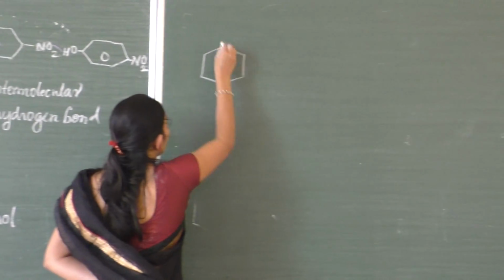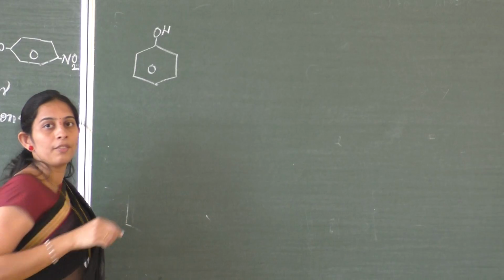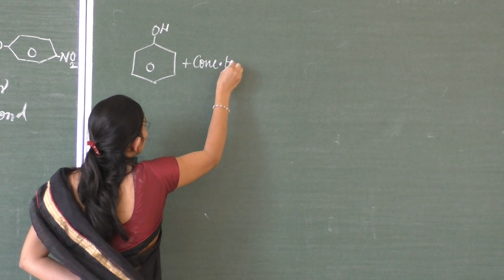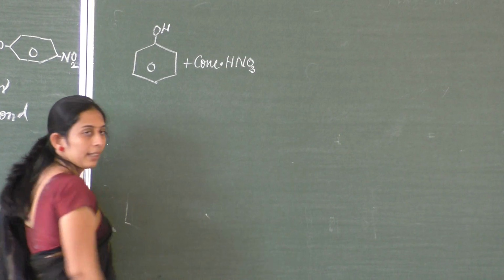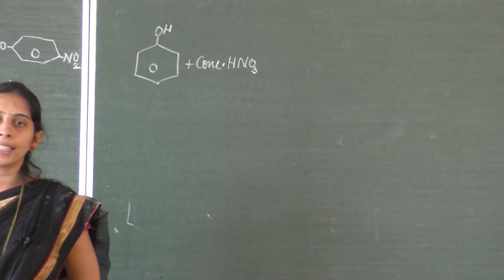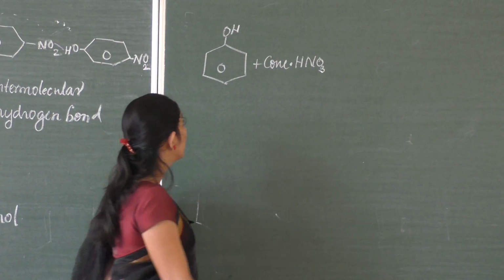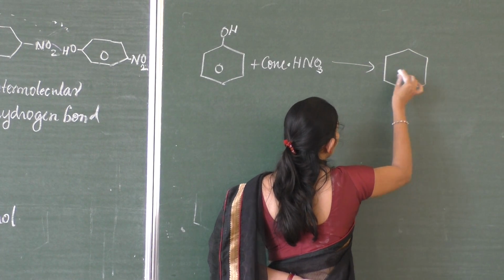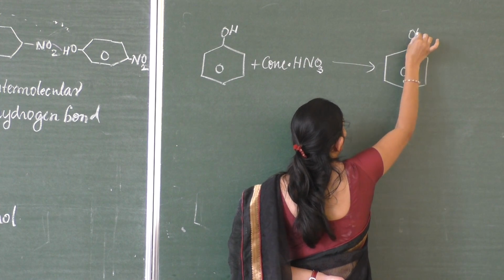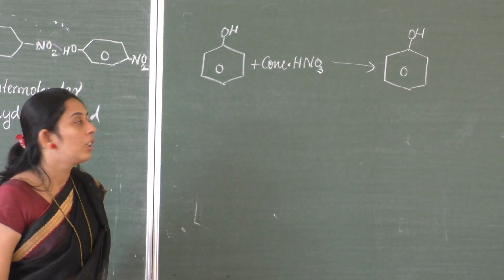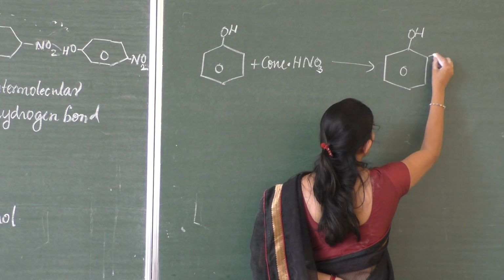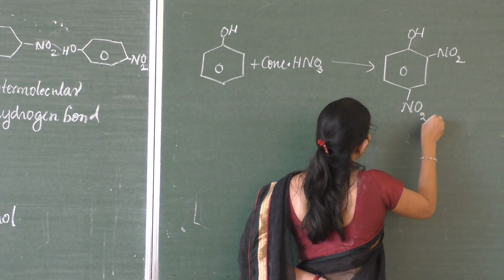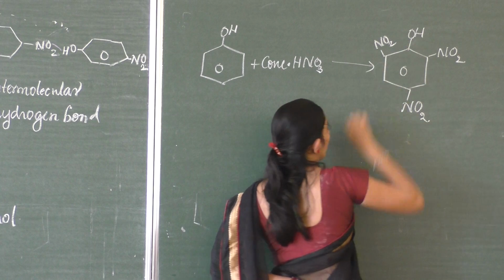So if it is phenol, when this phenol is treated with concentrated nitric acid, we get a product where the nitro group attaches at the ortho as well as the para position, that is, NO2 group here as well as NO2 group here.